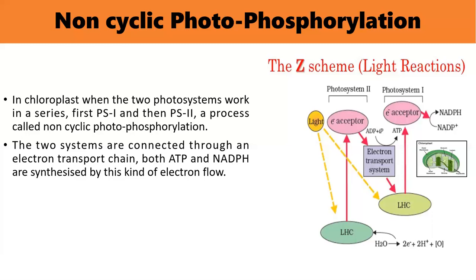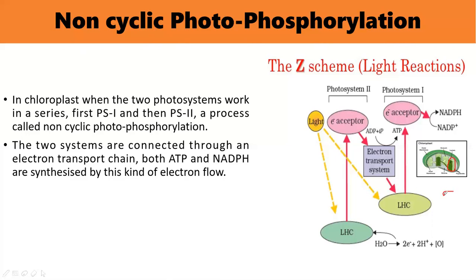In non-cyclic photophosphorylation, the energies are produced in two forms. One is ATP and the other is NADPH. The most important thing is that non-cyclic photophosphorylation occurs on the thylakoids. What are these thylakoids? When you focus on this part, we call this a granum.